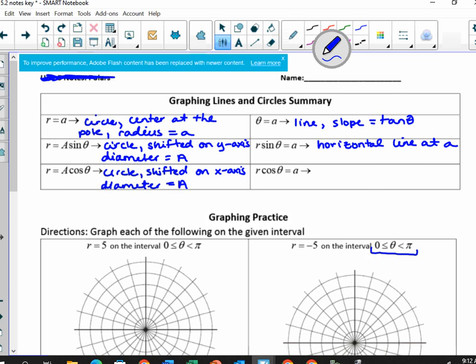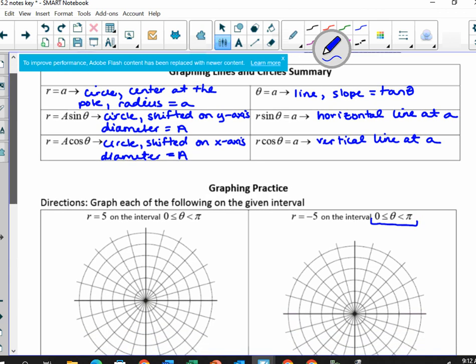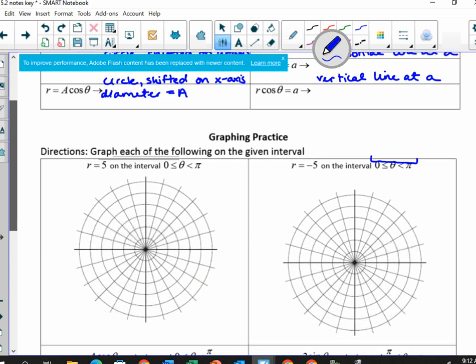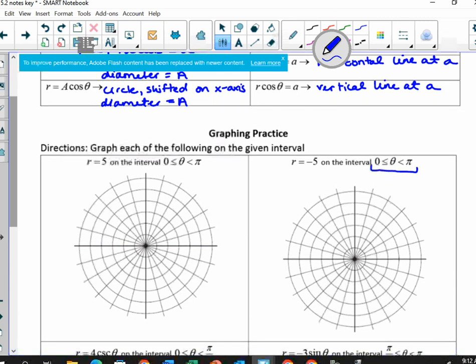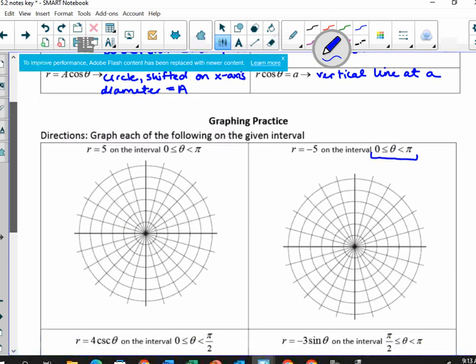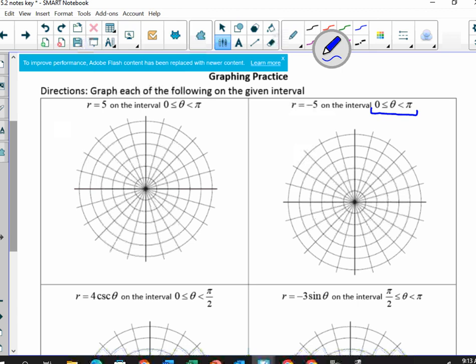So what do you think r cosine theta is? Vertical line at a. No, it's not that.